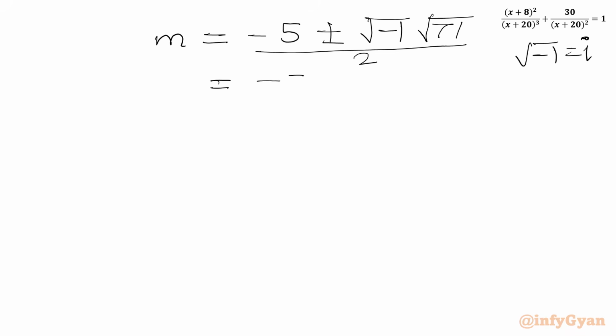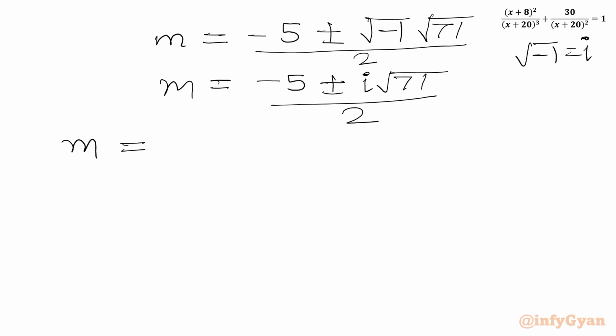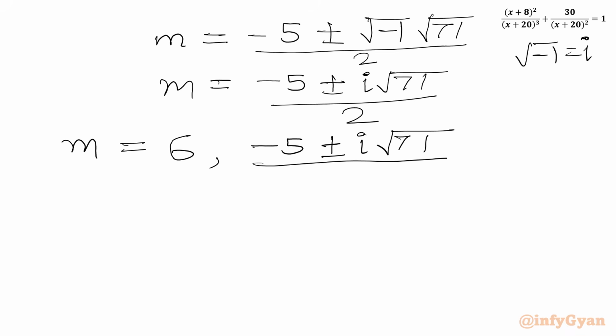So this will be equal to minus 5 plus minus i times square root 71 over 2. Now I will write all three values of m: one real value, which is 6, and two complex values, minus 5 plus minus i times square root 71 over 2.